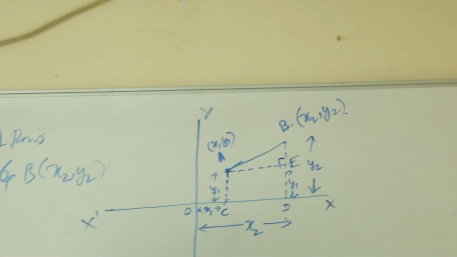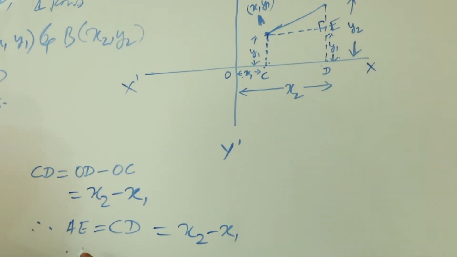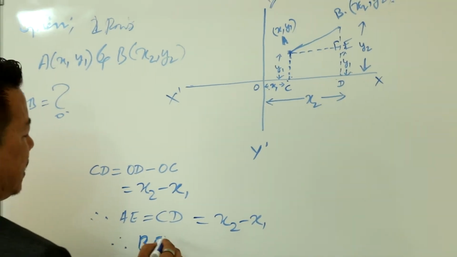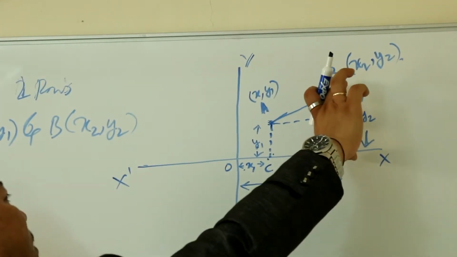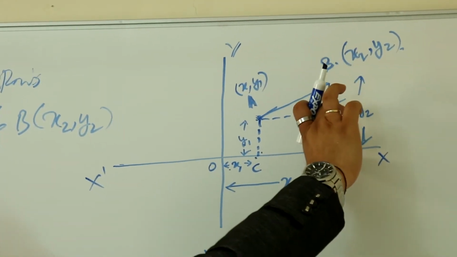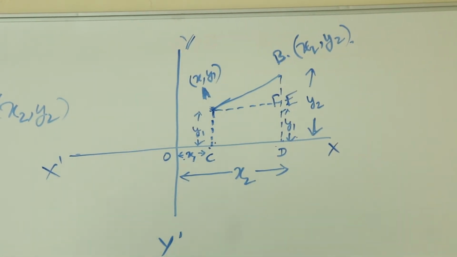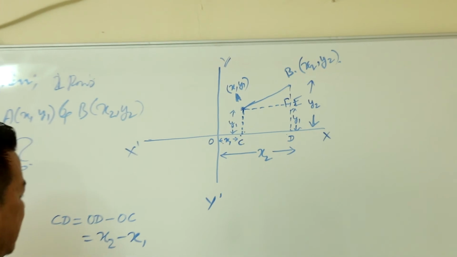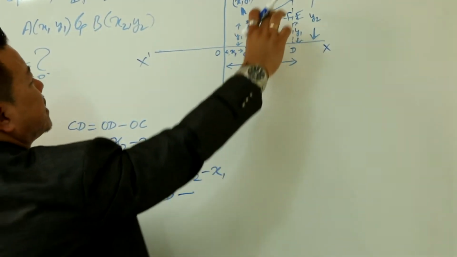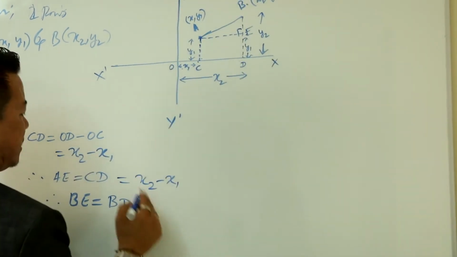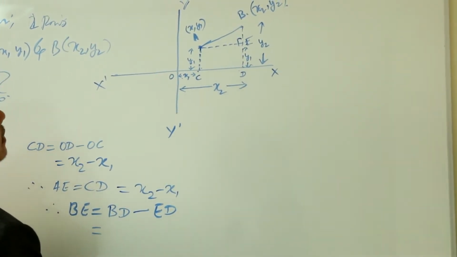Now we need to find the value of BE. How do you find the value of BE? In order to get the value of BE, from this line segment, if you delete ED, then you can get the value of BE. So BE is equal to BD minus ED.